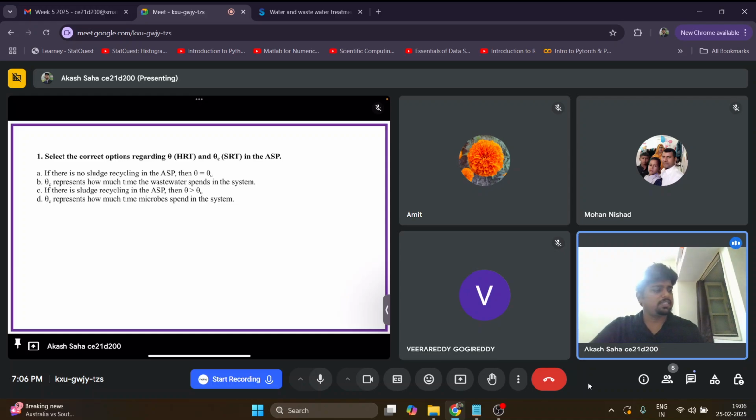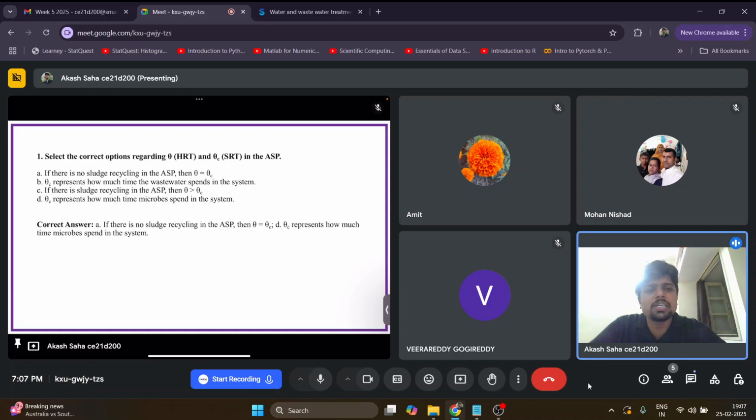Basically, the answer for this is that both A and D are correct. When we are talking about SRT, it is the time the sludge, the biomass or the microbes are present in the system. And we want the solids, the microbes, to stay for a longer duration of time. That's why we do the recycling.